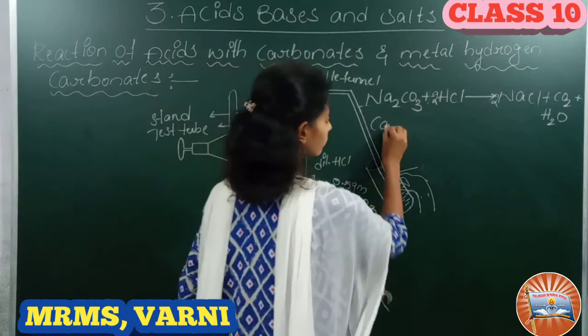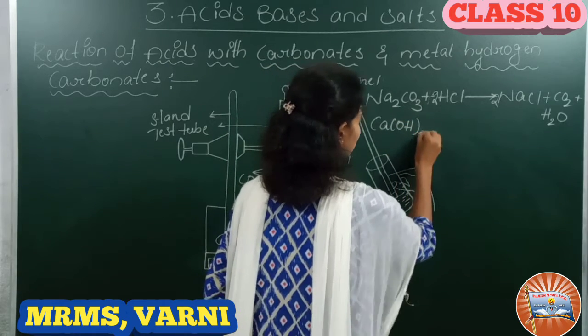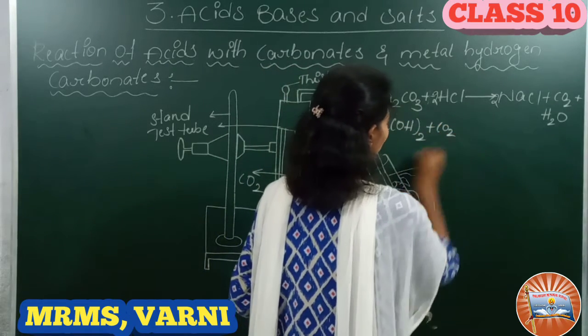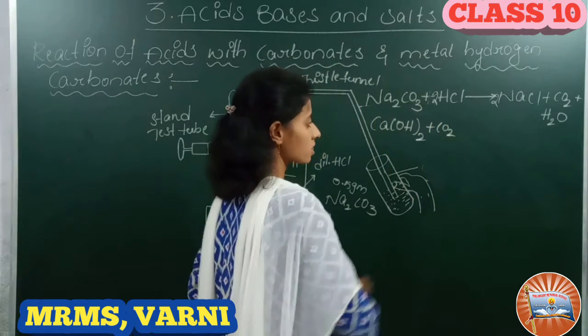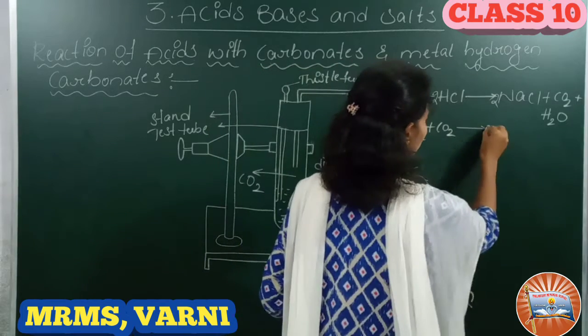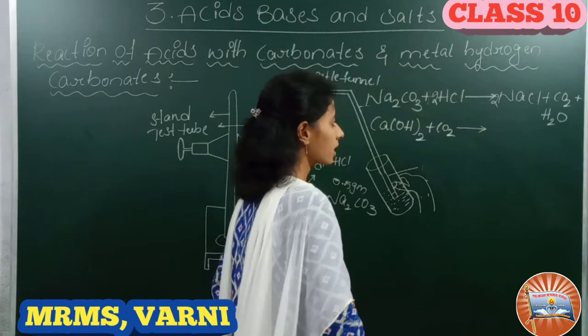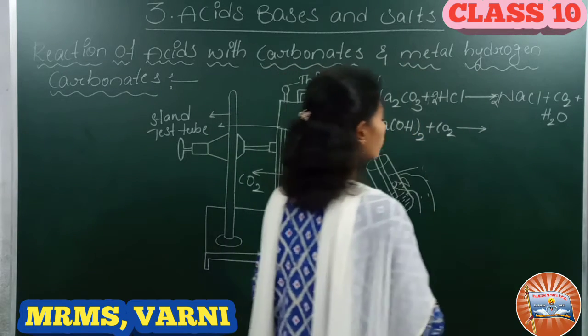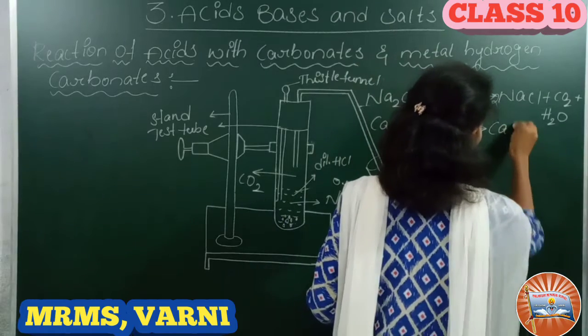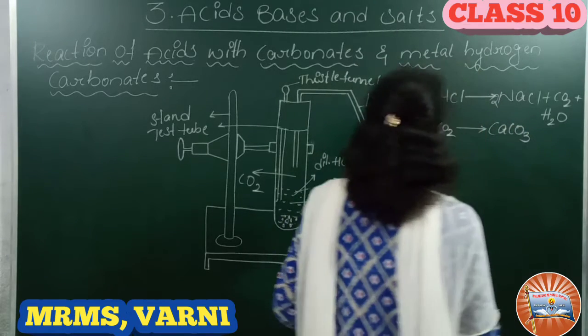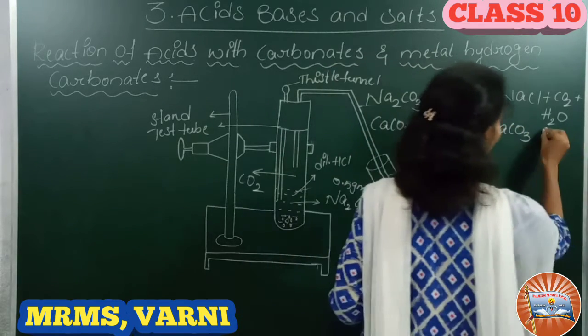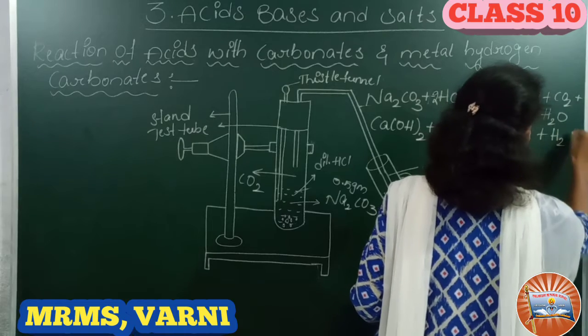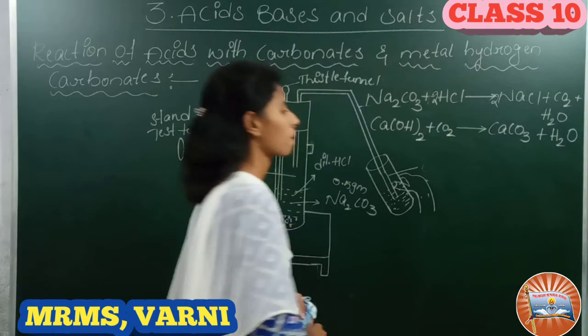So see here. When this calcium hydroxide is mixed with this carbon dioxide gas, here we will get the precipitate, that is CaCO3. Okay.